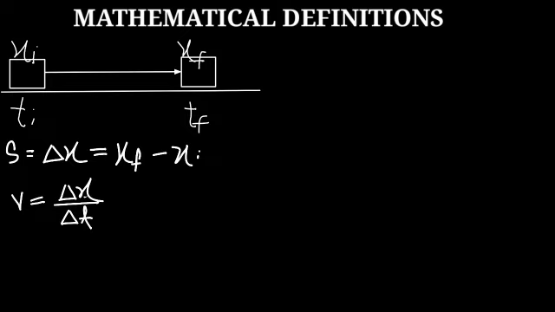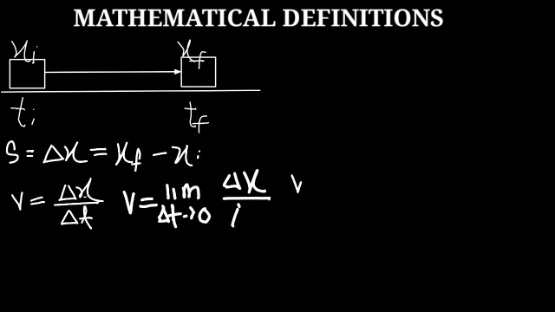Instantaneous velocity. While the average velocity tells us the overall rate of change of position over a time interval, instantaneous velocity tells us how fast and in what direction an object is moving at a specific instant in time.